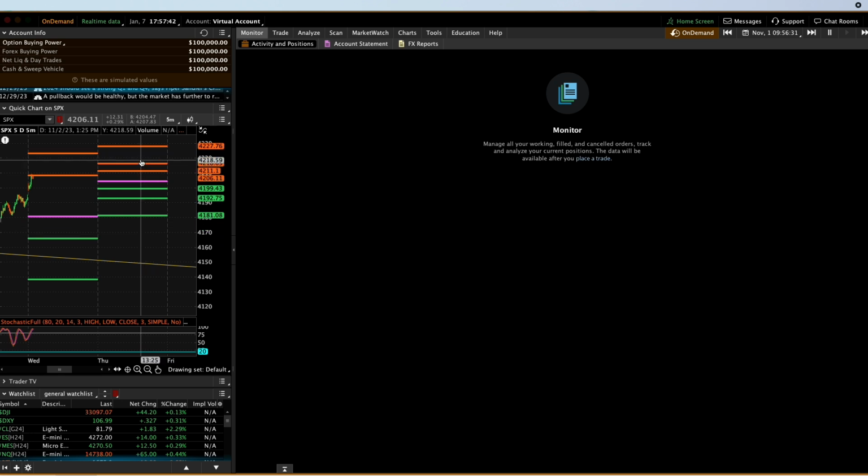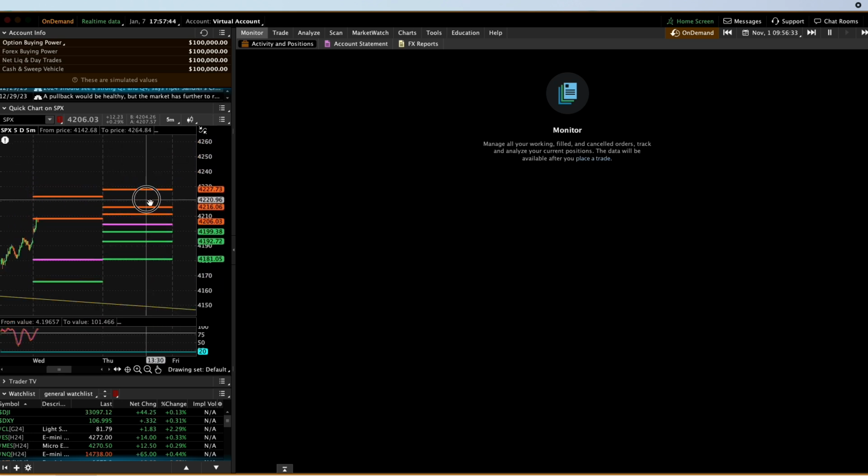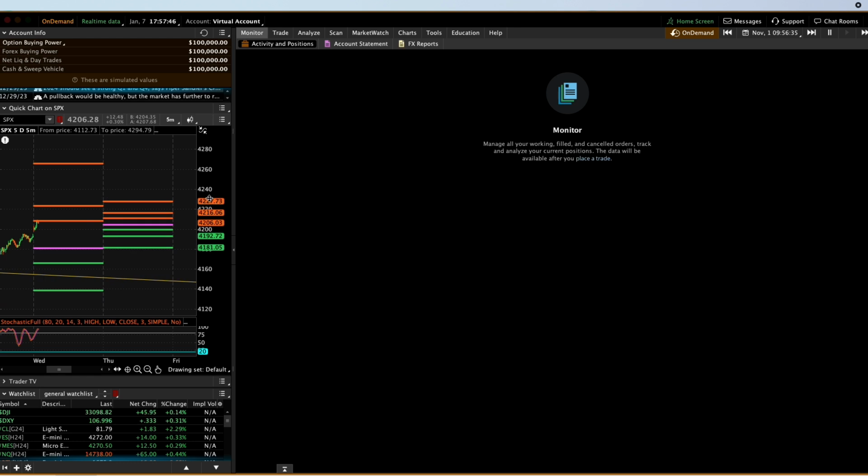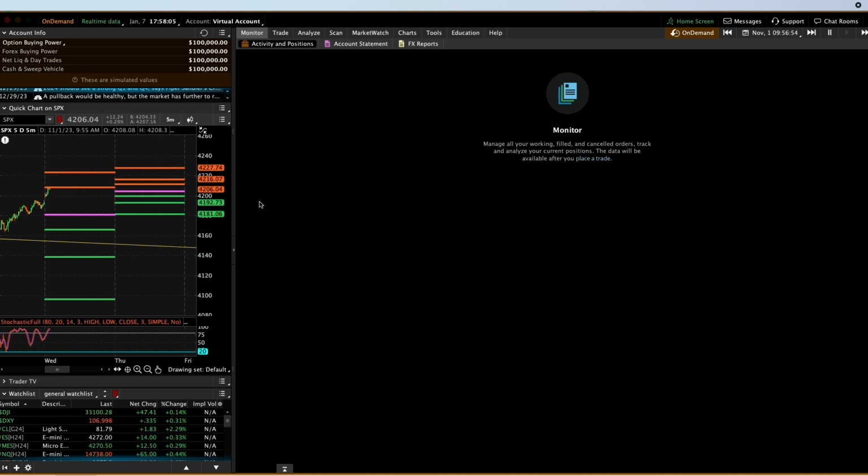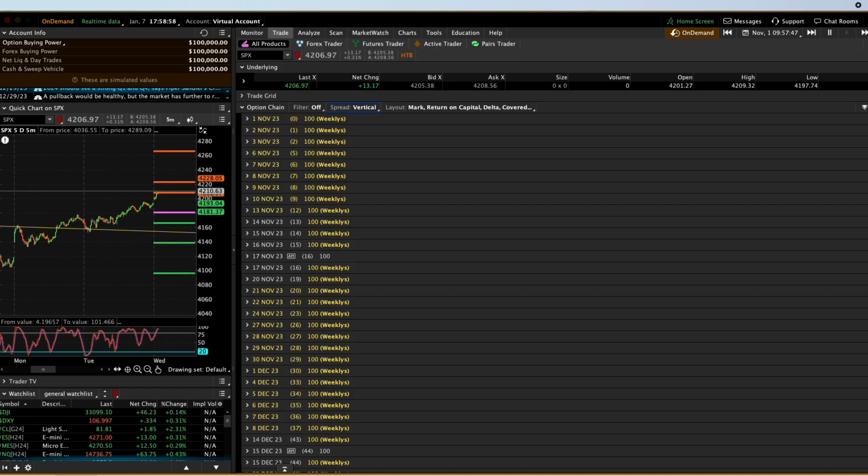I use this to help make a decision throughout the day as far as where my position is going to be, because I want to be above the highest R3 and below the lowest S3. I also can't see if this is a Fed day or an FOMC, or any news. So I'm kind of handicapped here as far as how I would actually be trading, but I'm going to do my best and see where we end up.